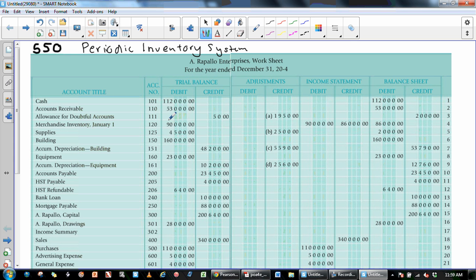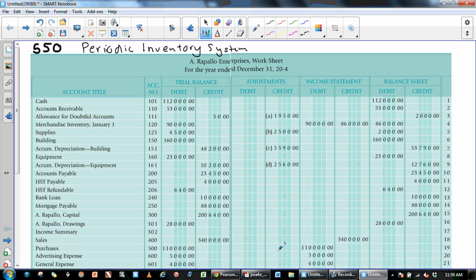And so remember that this was my $90,000. This was my beginning inventory on January 1st. And now we're sitting at December 31st making this worksheet. Try to remember the reason we have these two numbers here. And this will make sense even better now.